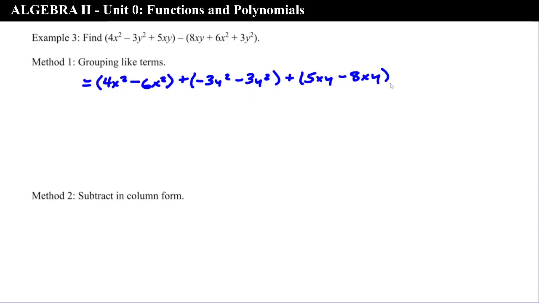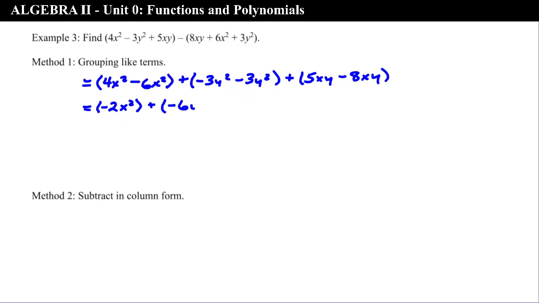Now that we have grouped our terms, now we just need to simplify. So 4x squared minus 6x squared is going to give us a negative 2x squared. Then we have negative 3y squared minus another 3y squared.